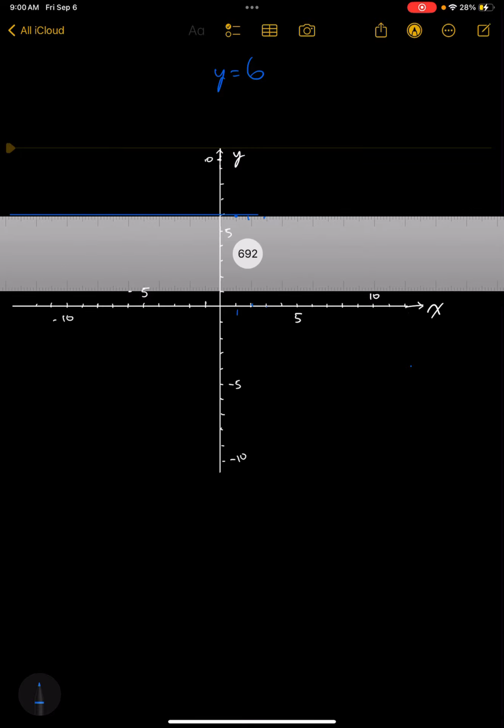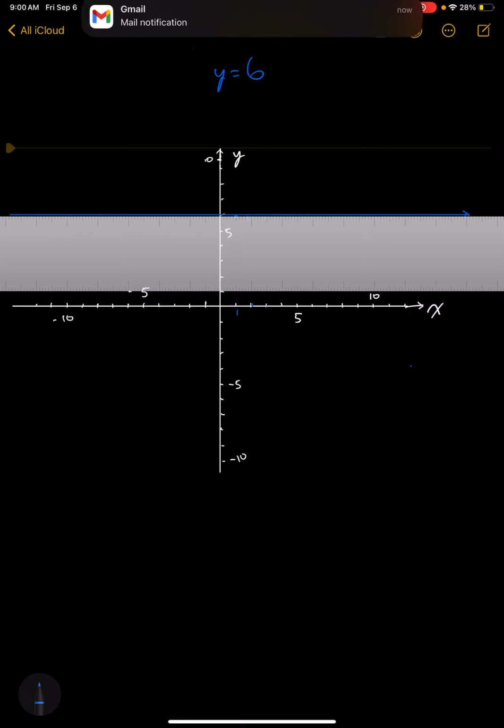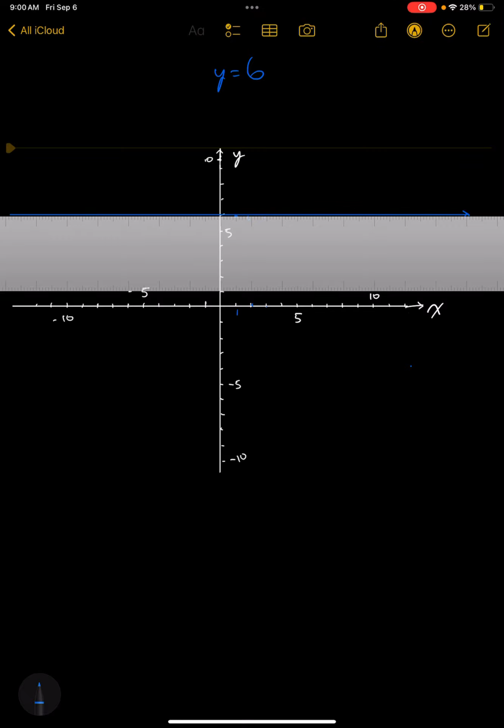So what does that mean? That simply means the graph is a straight horizontal line. Now, if you want to think about it a different way, you can say, isn't there supposed to be an x term? Well, if you think about it, y equals 0 over 1 x plus 6. 0 over 1 is the same as 0.